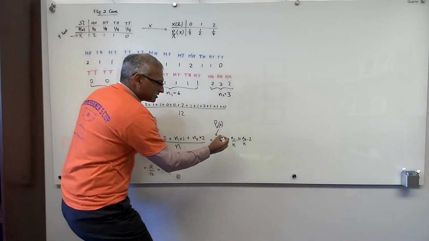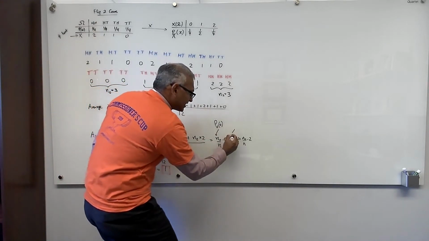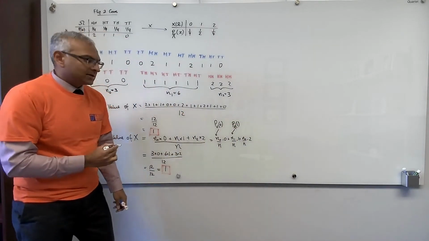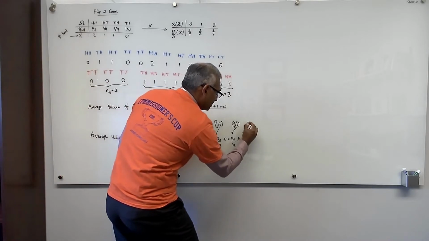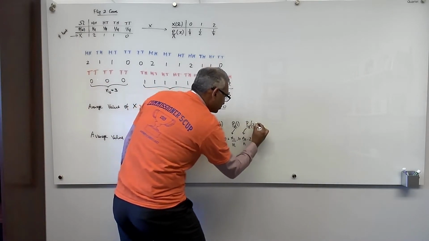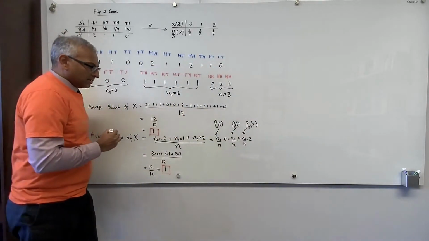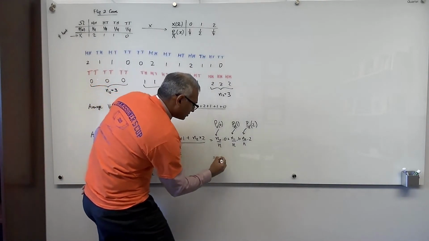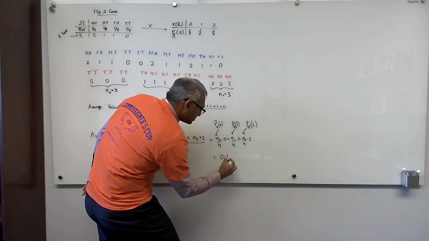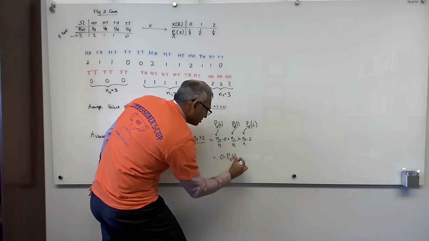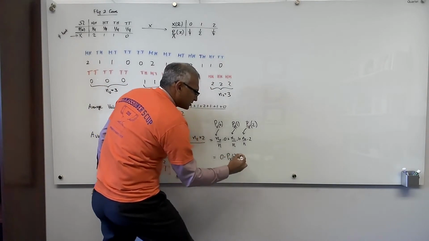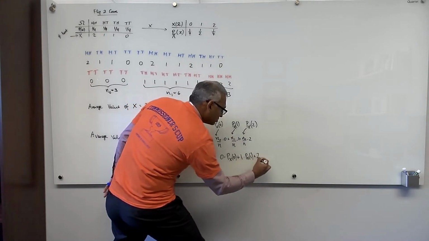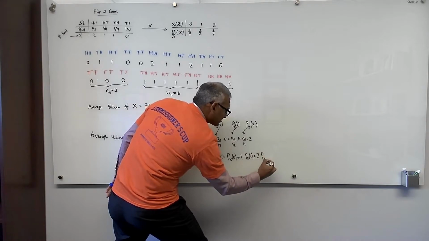And this here, n1 over n, is exactly p sub X of 1, the PDF at 1. And this here is exactly p sub X at 2. And so this is exactly equal to 0 times p_X of 0, plus 1 times p_X of 1, plus 2 times p_X of 2.